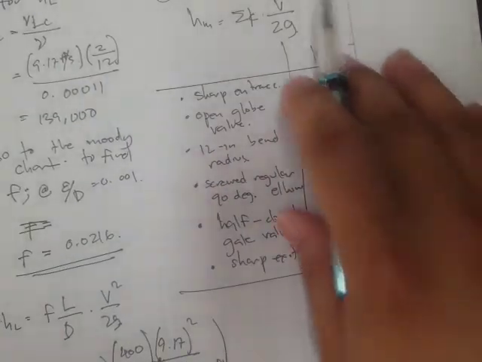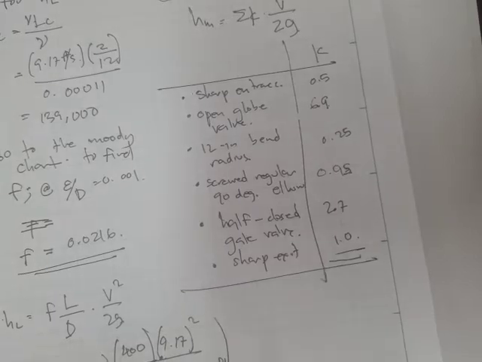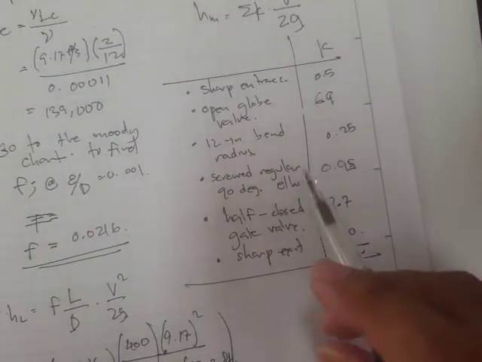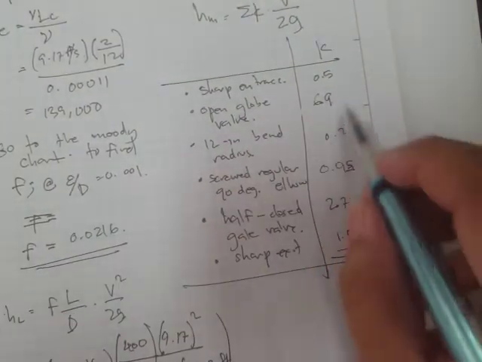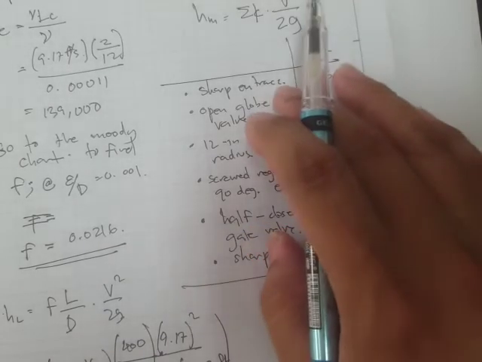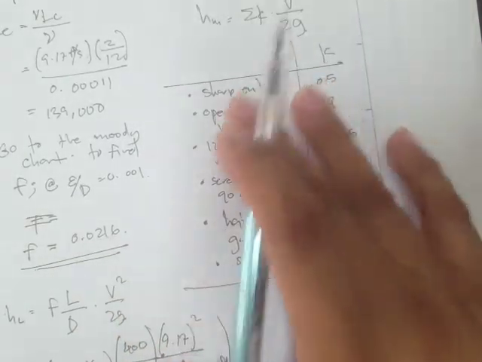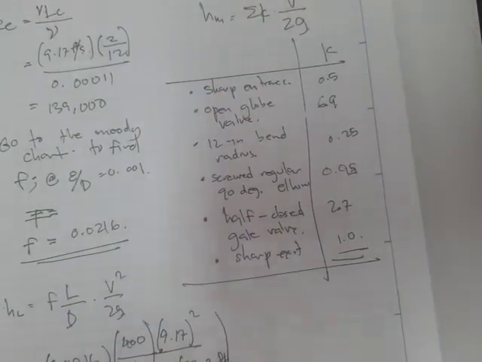I did not discuss it anymore, but the main idea is that for the valves and fittings, for the minor losses, you can just refer to the textbooks, and there are a lot of tables available.